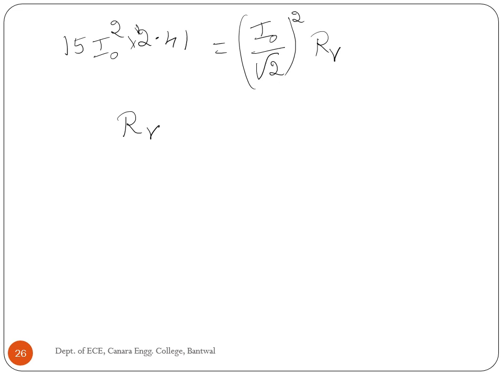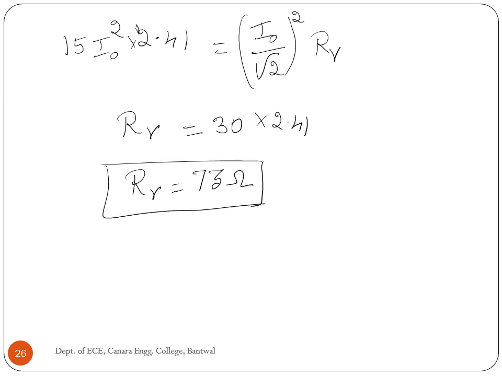Therefore, radiation resistance is equal to 30 into 2.41, which is equal to 73 ohm. So radiation resistance equal to 73 ohm is the radiation resistance of lambda by 2 antenna.